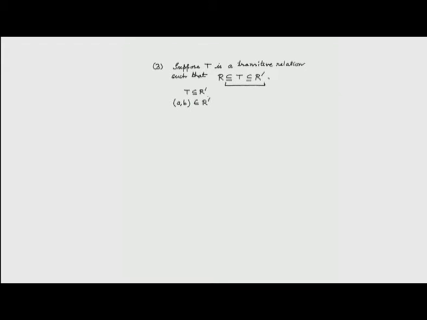Technically we can write (A, B) belongs to R prime, which essentially means that A is R prime B, and this means, remembering that R prime is nothing but the union over k from 1 to infinity of R raised to the power k. So, since (A, B) belongs to R prime, therefore (A, B) has to be in some R raised to the power i for some positive i.